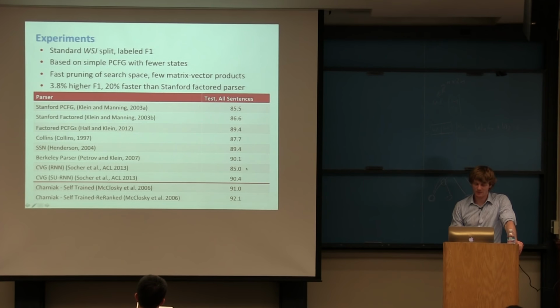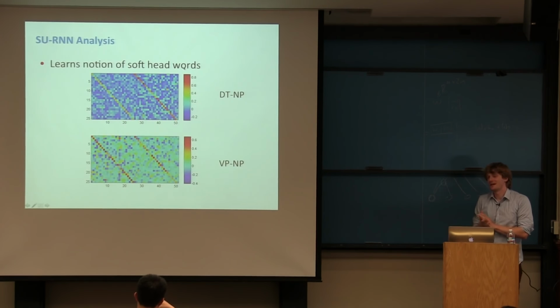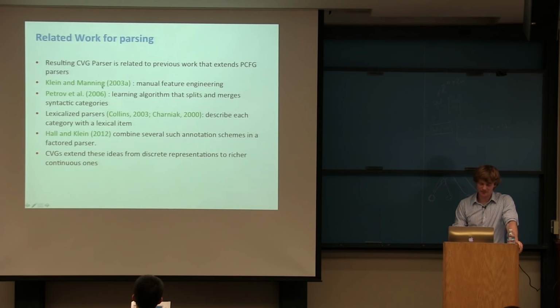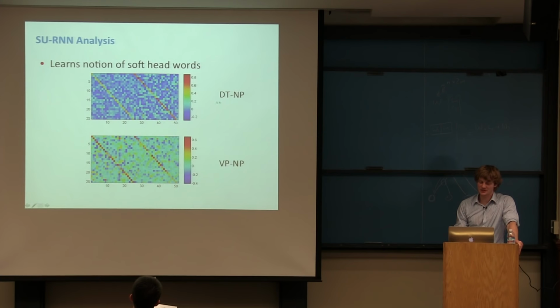And the way we measure this here is again with F1, where we have precision and recall over the various nodes in the tree. What's more interesting is that linguists had a certain notion of soft head words. In fact, one of the baseline models here from Collins tries to lexicalize these parsing decisions and say, well, this is a noun phrase with a cat inside, for instance.